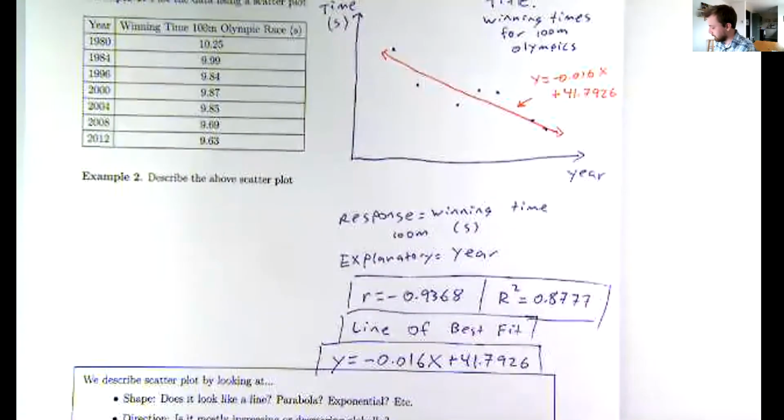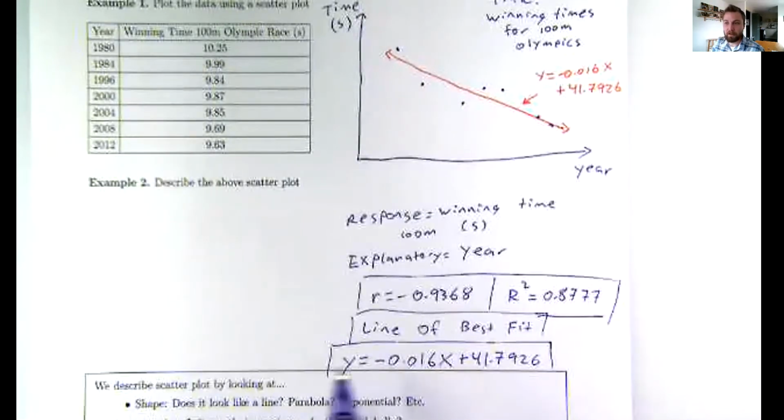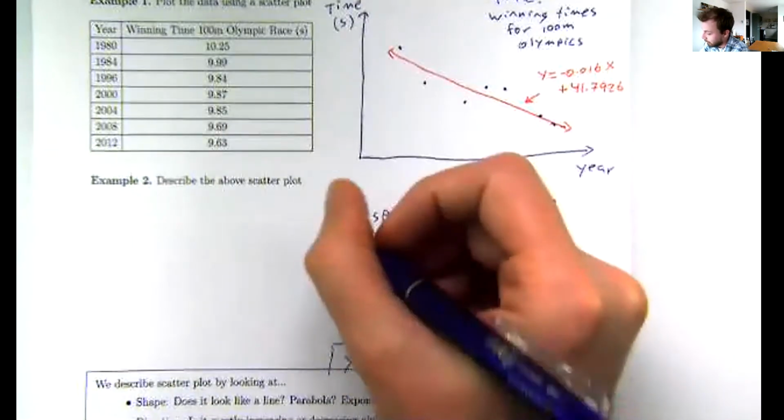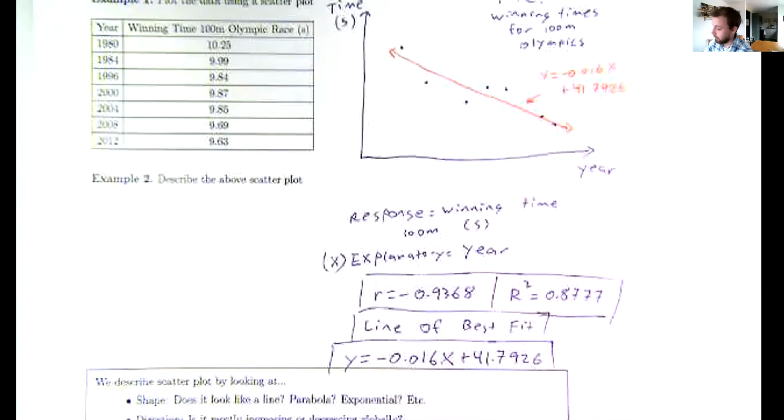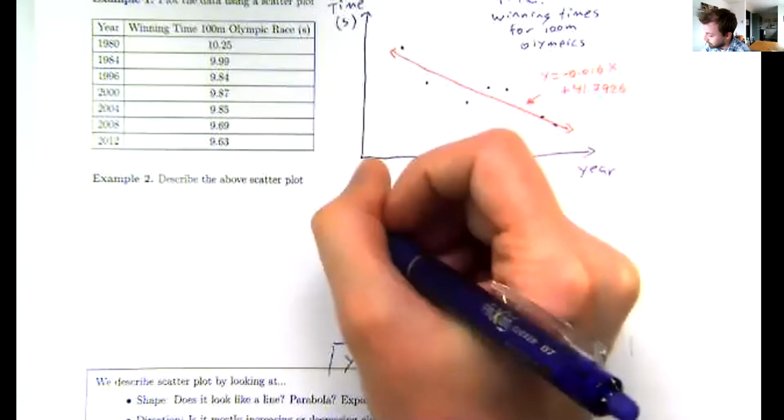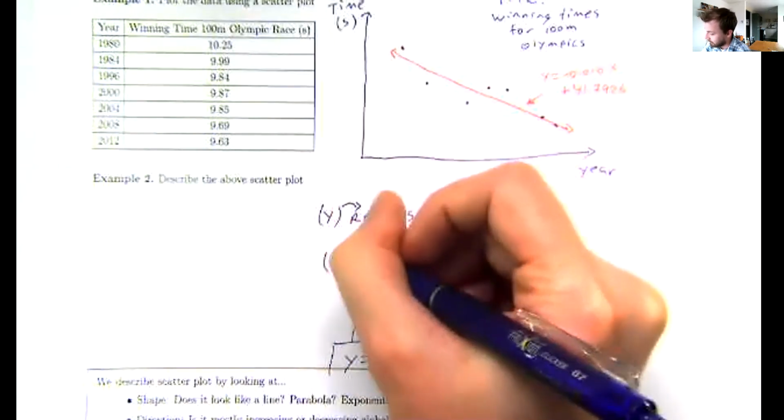It's a little hard to read there in the red, but I have the same line written down there in the bottom. Just a reminder, when I'm talking about x values, I am talking about the year. When I'm talking about y values, I'm talking about the time in seconds.